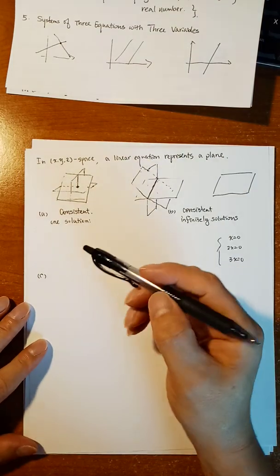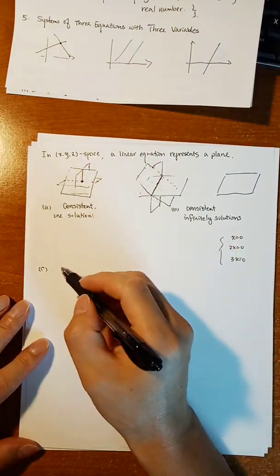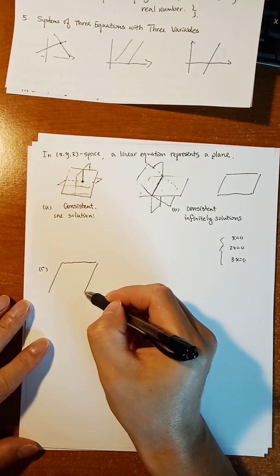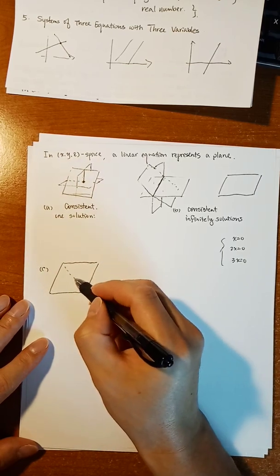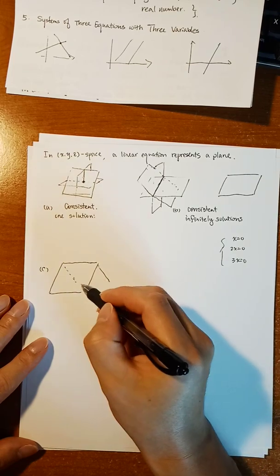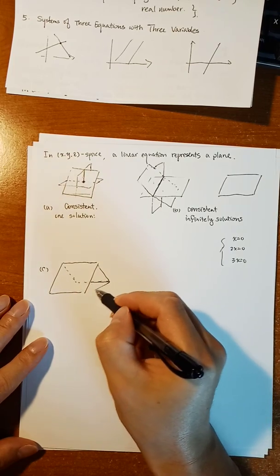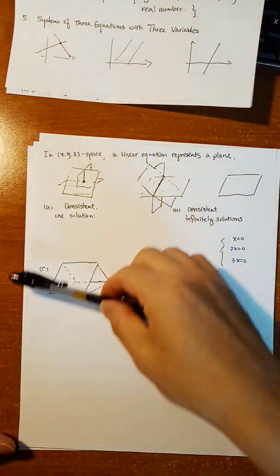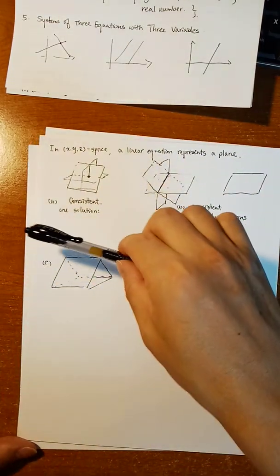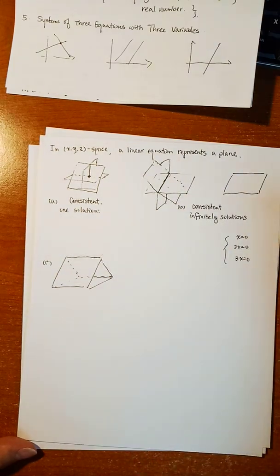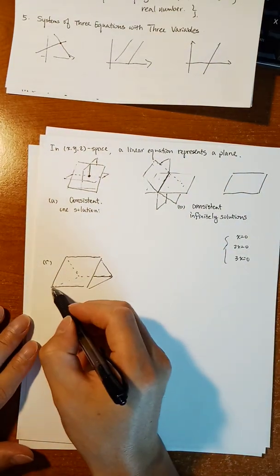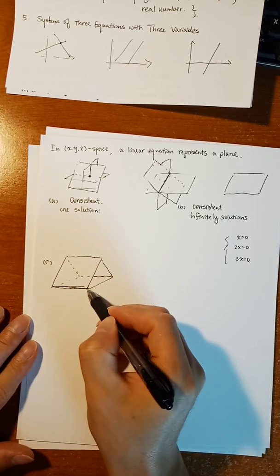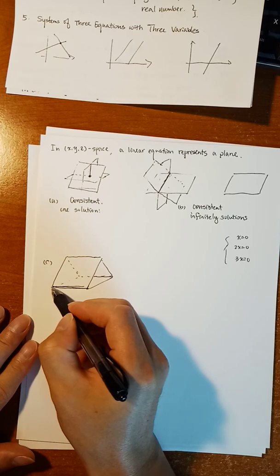Oh, no, let me try to sketch it. You see, it's like a tent. You form a tent. You get one plane, you get the other plane, you get a floor. And the left wall intersects with the base at this line.